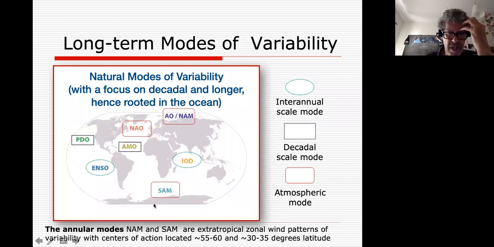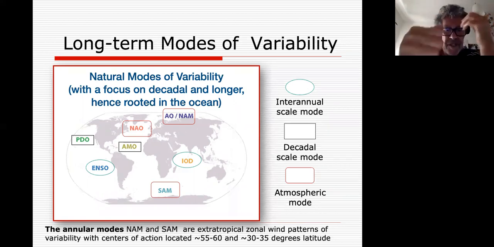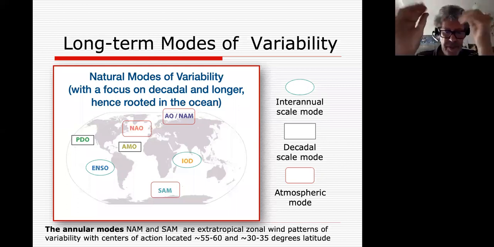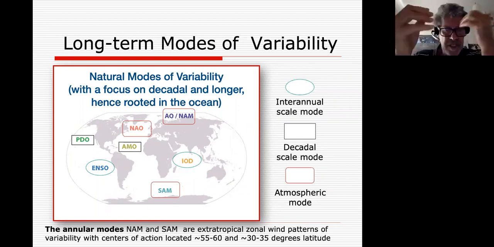And then we have two or three atmospheric modes that are coupled, and they have this mode of variability. They are somehow connected to them, which are the northern annular mode, the southern annular mode, that are extratropical zonal wind patterns of variability centered at 50, 60 degrees and 30, 35 degrees latitude.